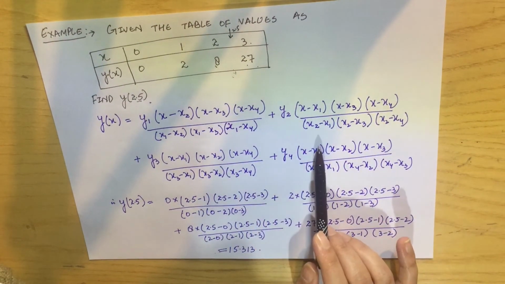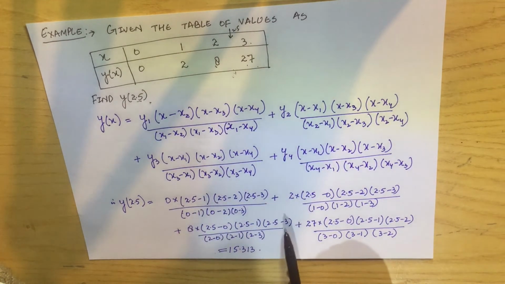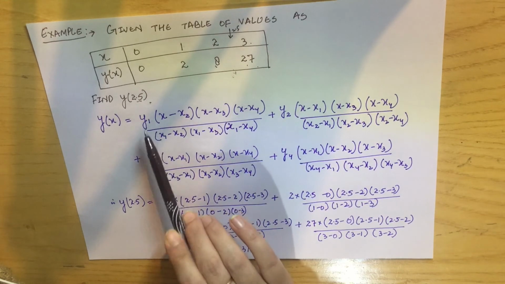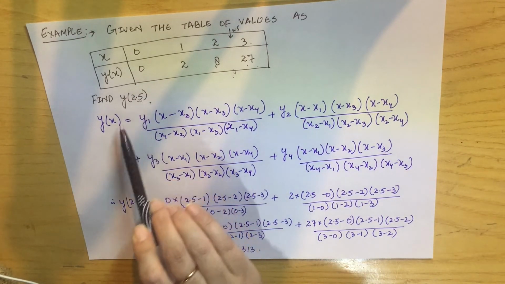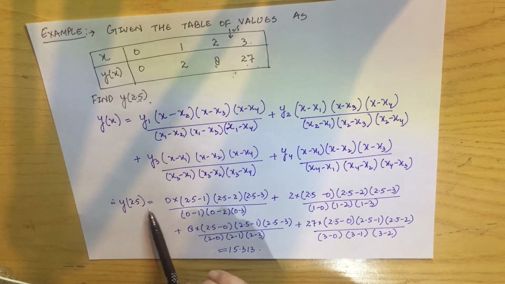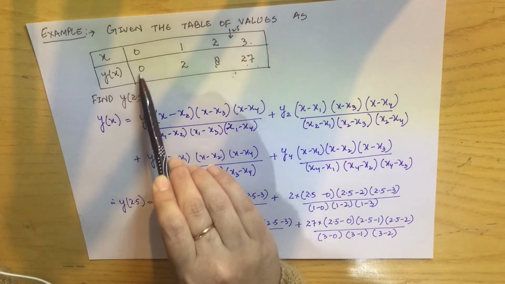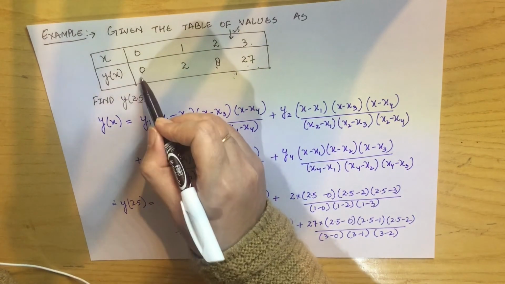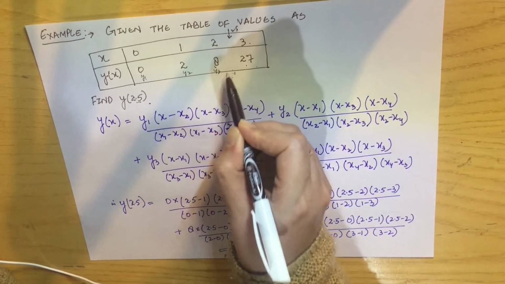When we consider it, we just have to put the values of x's and y's in the formula. Here y1 is equal to 0, so that term will be equivalent to 0. This is our y1, this is our y2, this is our y3 and this is our y4.